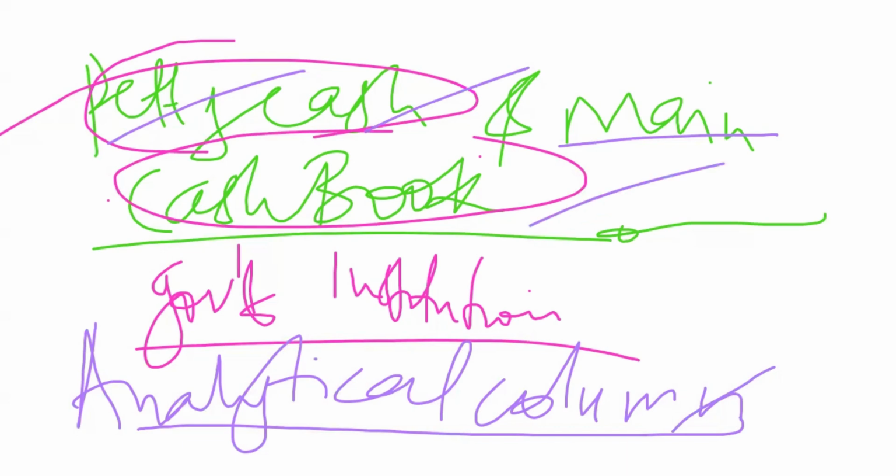That's the best way, but most of the things that we do in Africa, we just combine and spread the analytical column. But we shall have a look at that maybe when we come to the format. The best option is for us to have the Petty Cashbook and the major cash book for our minor and major expenses respectively.